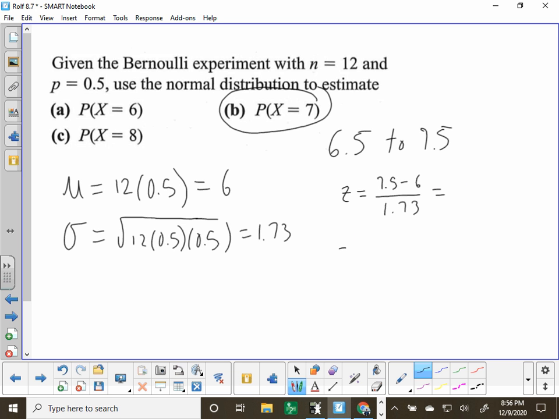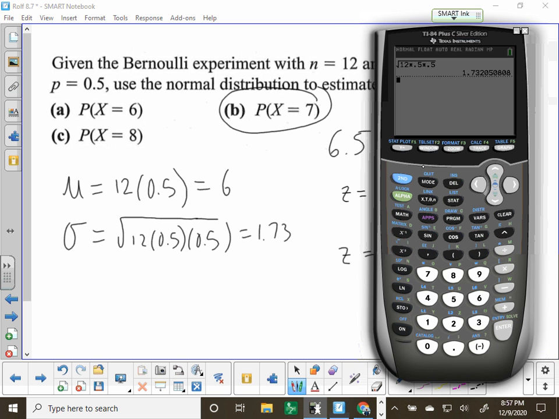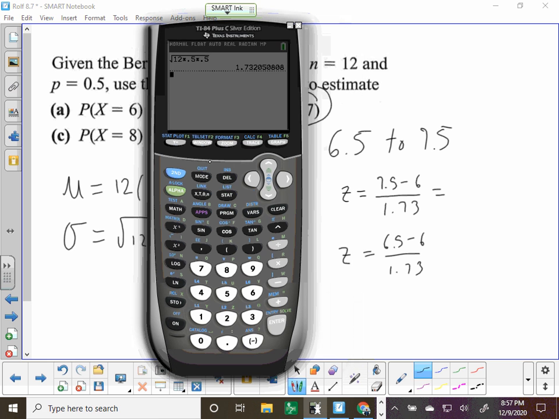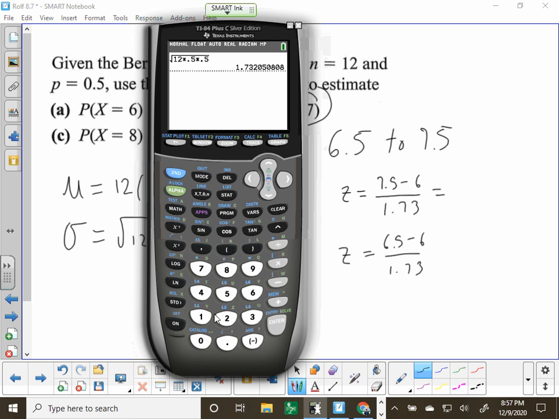I also need to know my z-score for 6.5, which would be 6.5 minus 6 over 1.73. So I have to calculate these two things. Okay, so 7.5 minus 6 would be 1.5. 1.5 divided by 1.73.